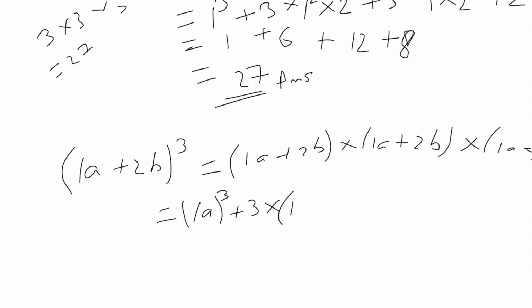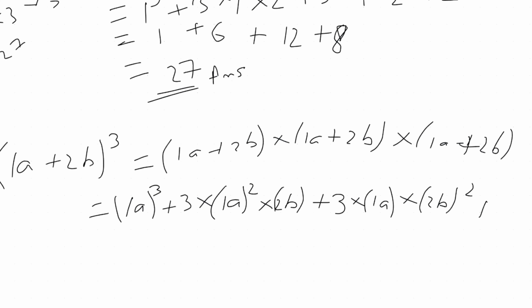We multiply it with the second term. Again, we take 3. We multiply it with the first term. And we multiply it with the square of the second term. And at last what comes? The cube of the second term, 2b cube.